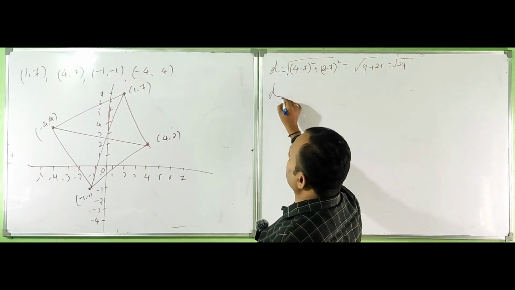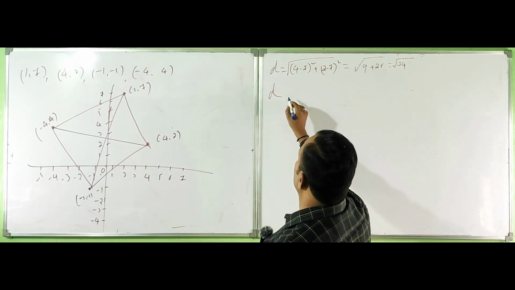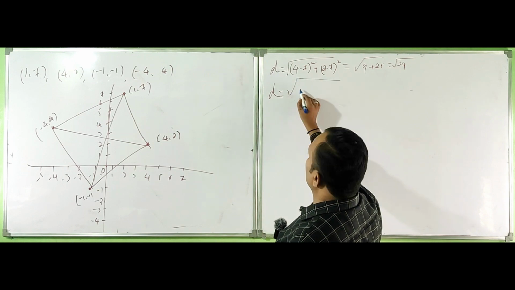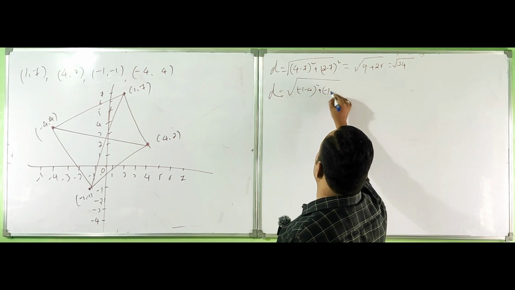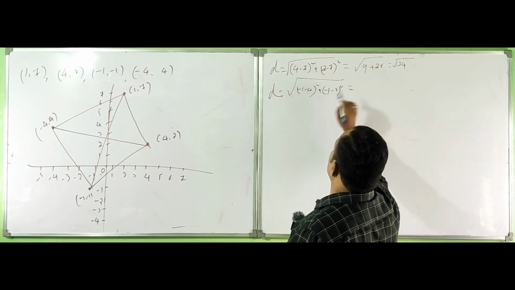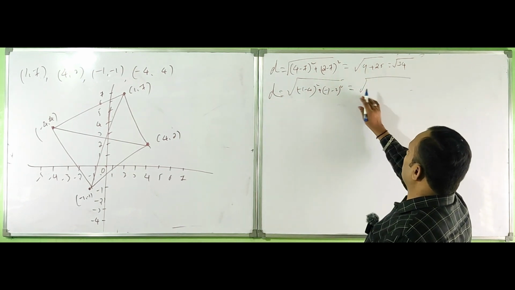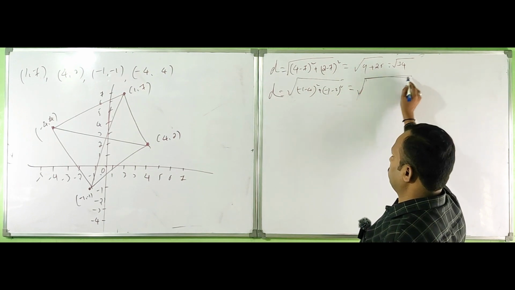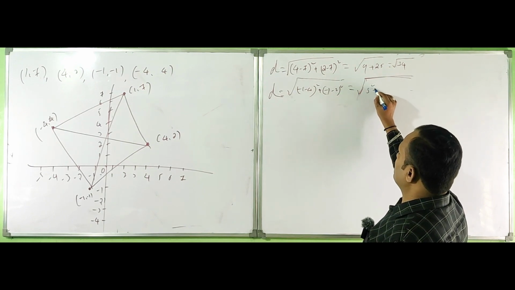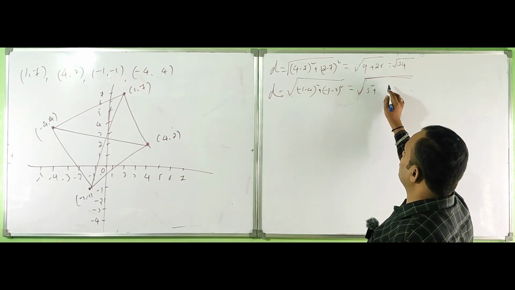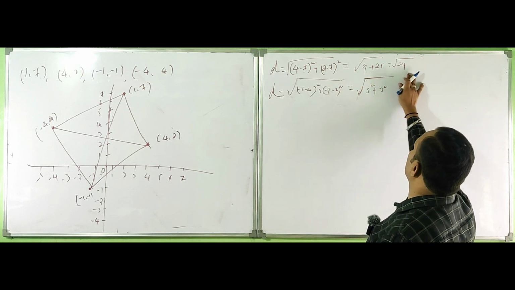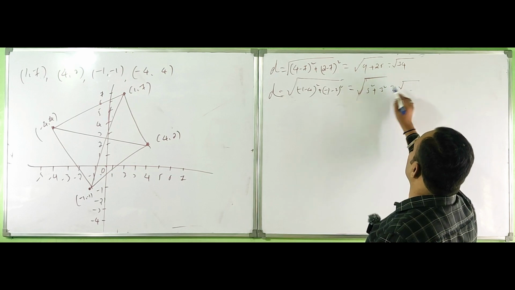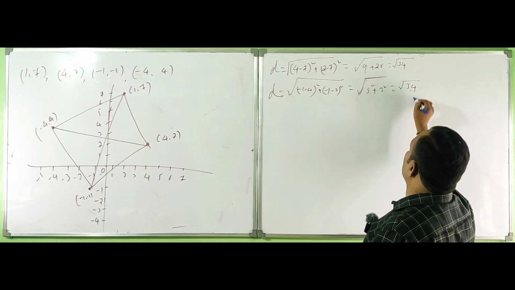Next, for the next consecutive points, I am taking the square root of (minus 1 minus 4) whole square plus (minus 1 minus 2) whole square. This becomes the square root of 5 squared plus 3 squared, which is 25 plus 9, equal to root 34.